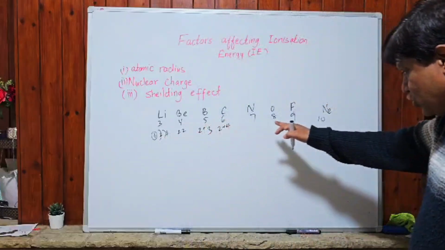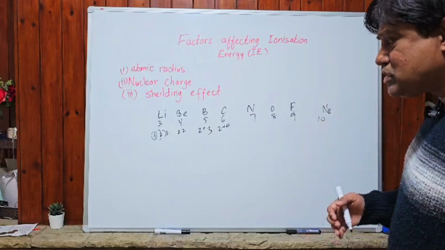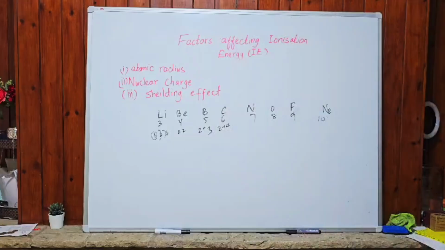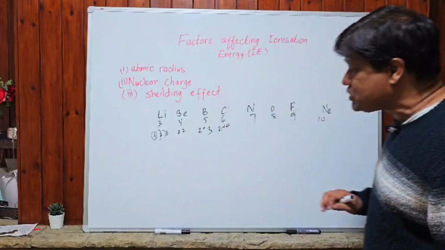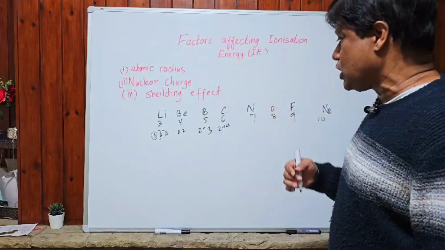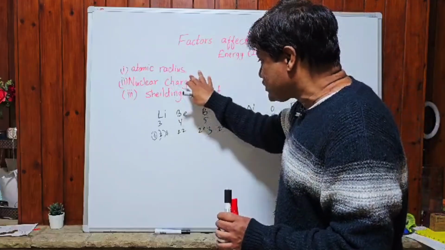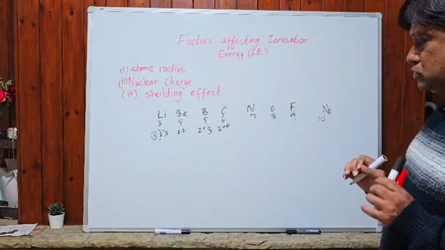So as you move across the period, the number of shells is the same, but the total number of electrons increases, and they try to move towards the nucleus. That increases nuclear charge. It means we have one extra force, and that extra force is called nuclear charge.